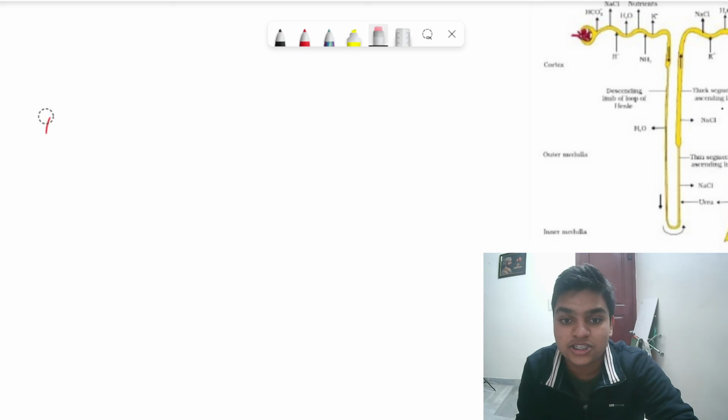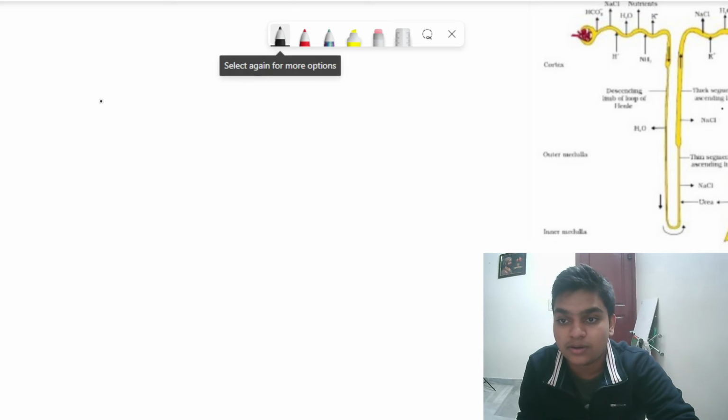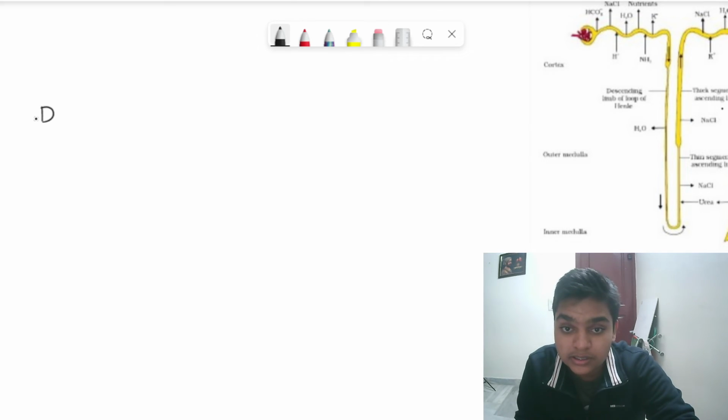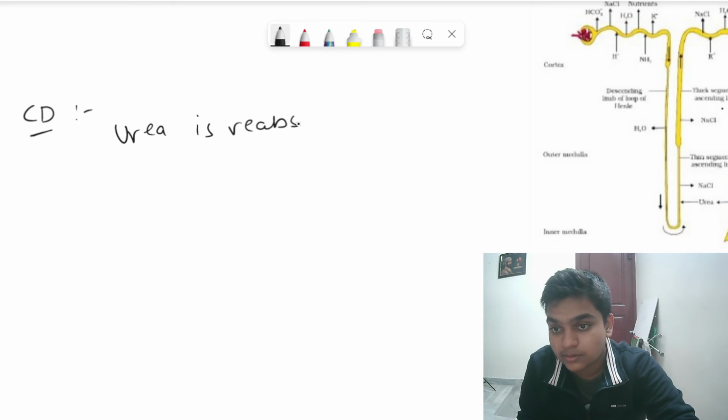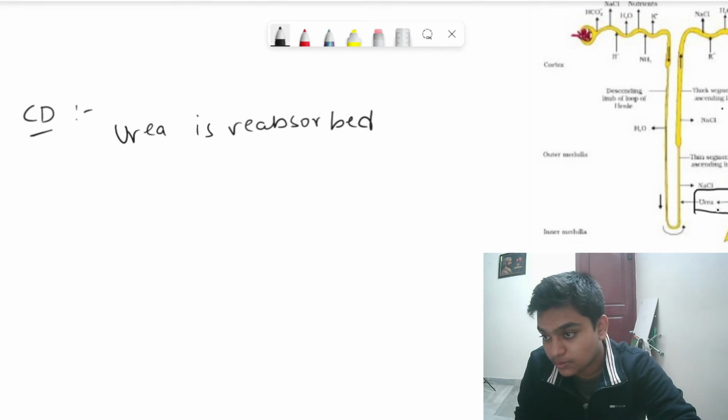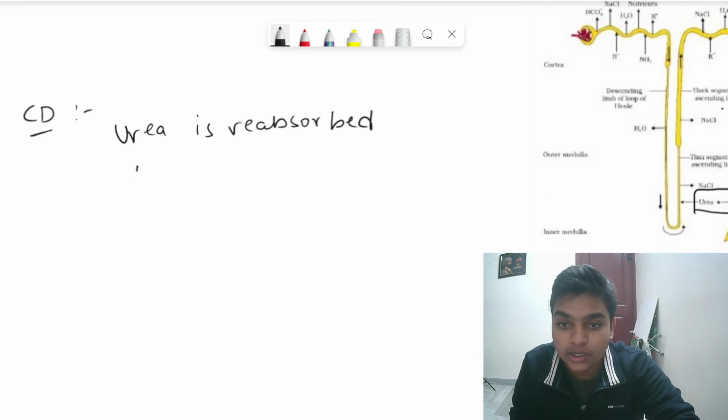After this I will be sharing some important, interesting information. CD, collecting duct. Here urea is reabsorbed. Water is also reabsorbed.